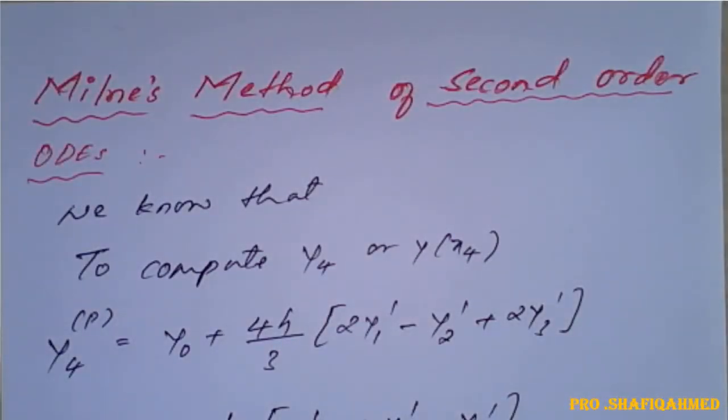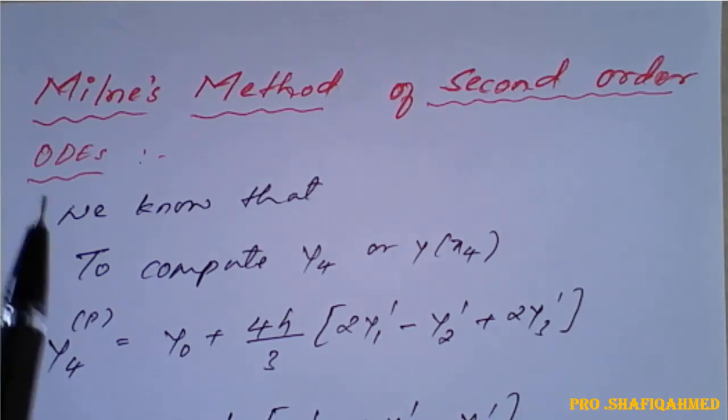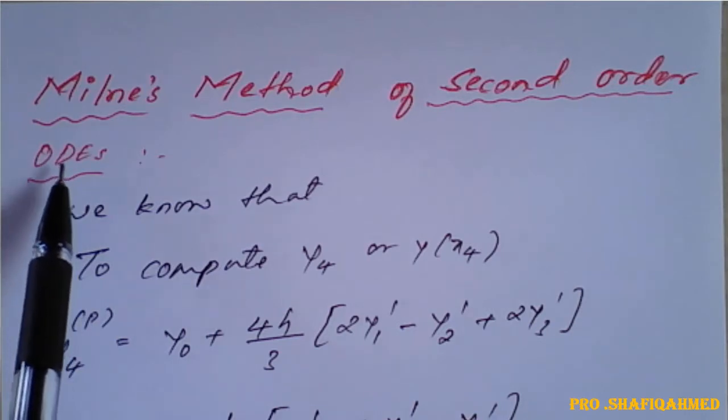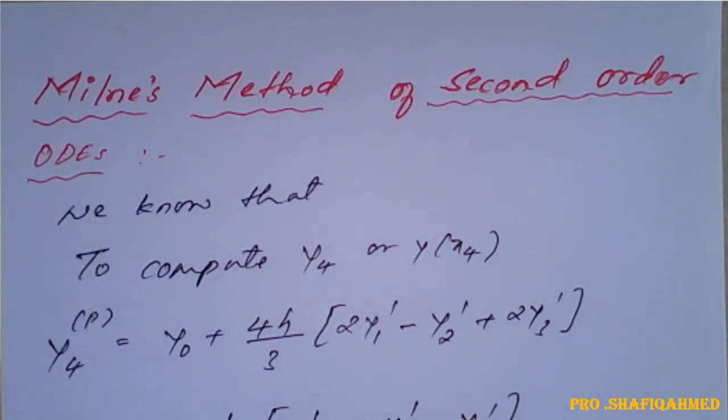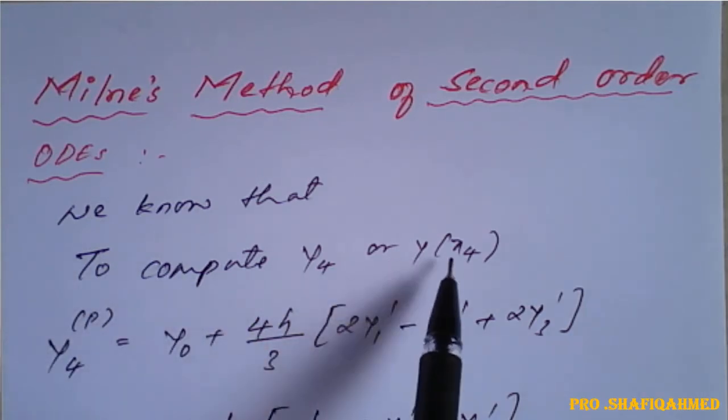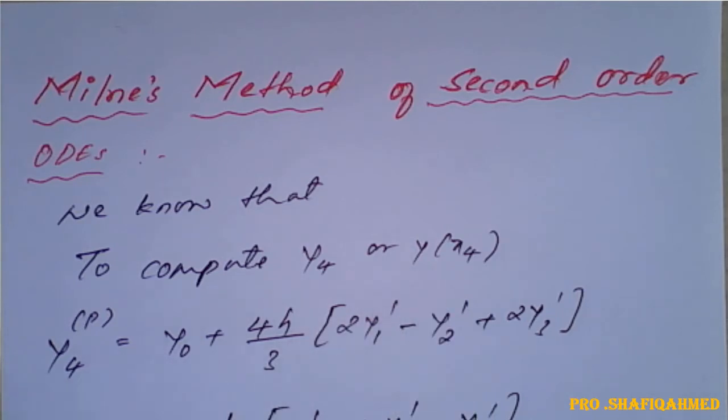Hello students, in today's lecture we'll see Milne's method of second order ordinary differential equation. Already we know that to compute y4 or y of x4, Milne's formula is given by, means we have two formulas, Milne's predictor and corrector.